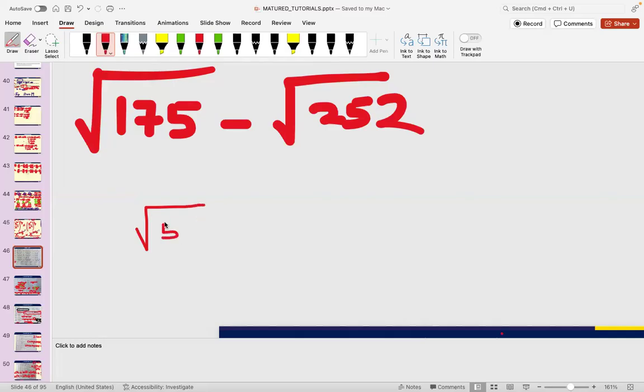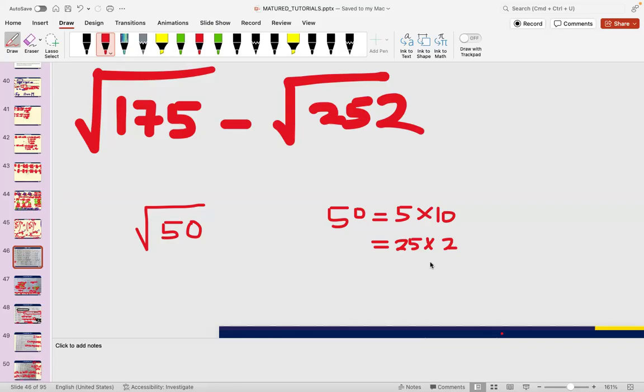The question is, what is making the 50? I know 50 is the same as 5 times 10. 50 is the same as 25 multiplied by 2.